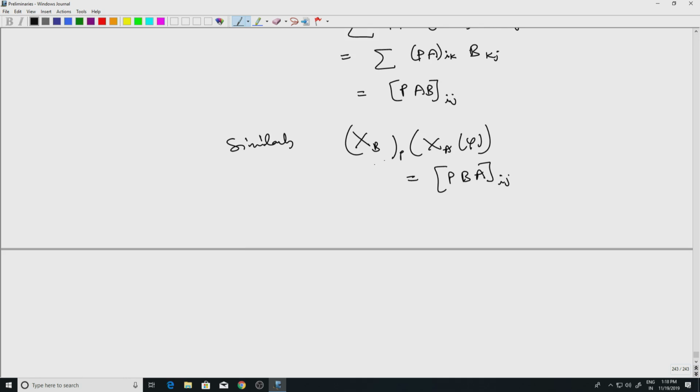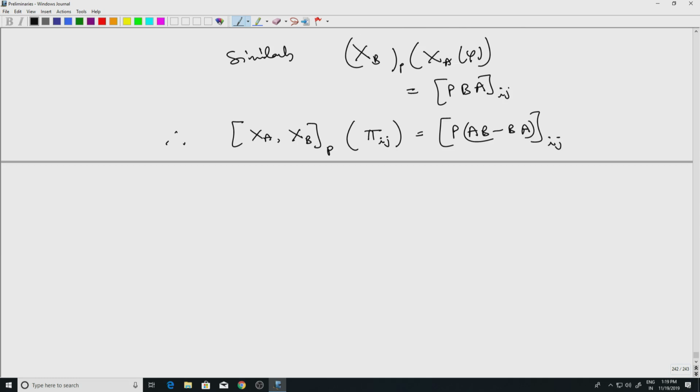So finally what one gets is, therefore, the Lie bracket of X_a X_b at p acting on the special function pi_ij turned out to be the ij-th entry of PAB minus BA. So this is what we get.